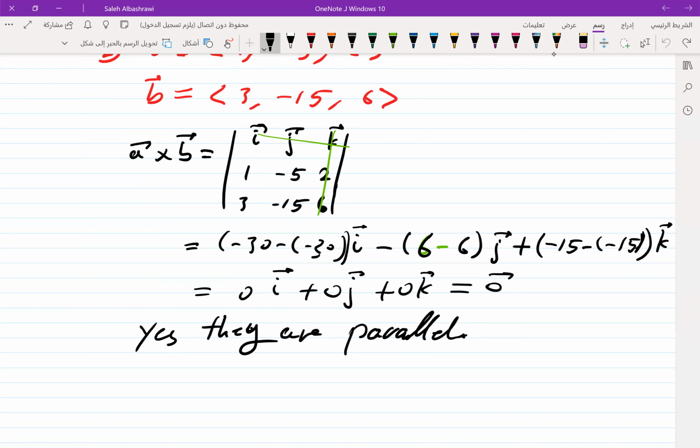Or, if A equal to C times B, or B equal to some scalar C multiplied by A, then they are parallel. So to check for parallel vectors, we can use either the cross product, or we can look for a common factor of the components. If we can write B as a scalar multiple of A, then they are parallel.